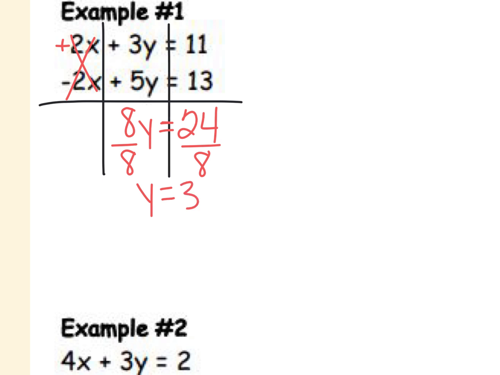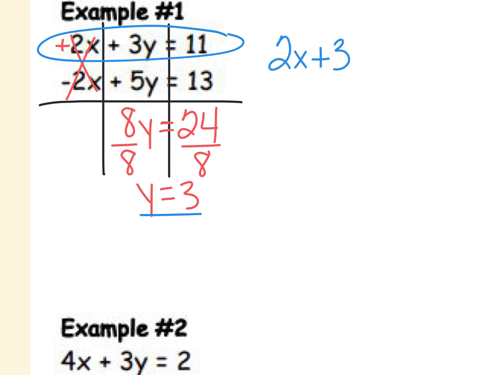So now that we know what y is, we have to go back to an original equation. Do you like the first one or do you like the second one? First one. It doesn't actually matter. And we know what y is, so when I rewrite this, I have 2x plus 3, but I'm not going to write 3y. What am I going to replace y with? 3, equals 11.